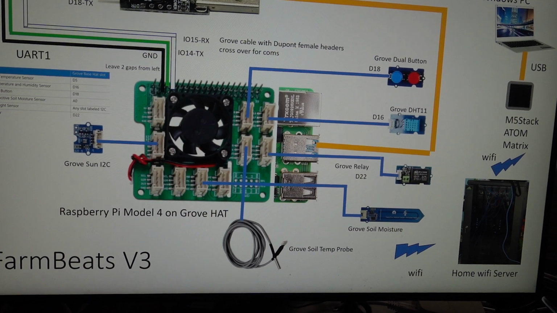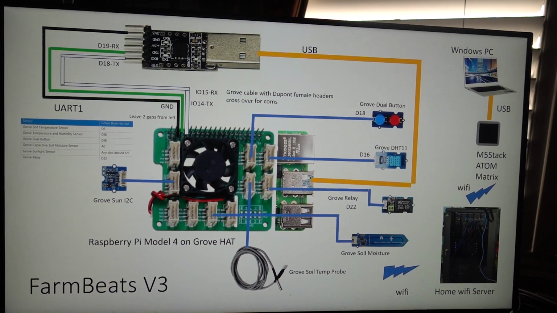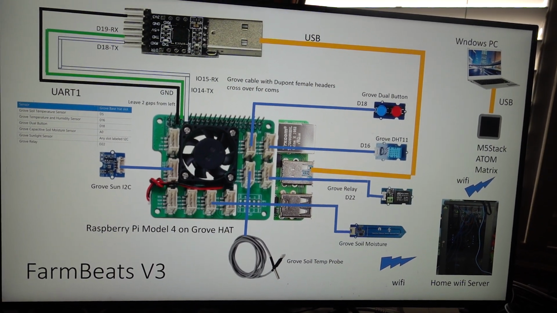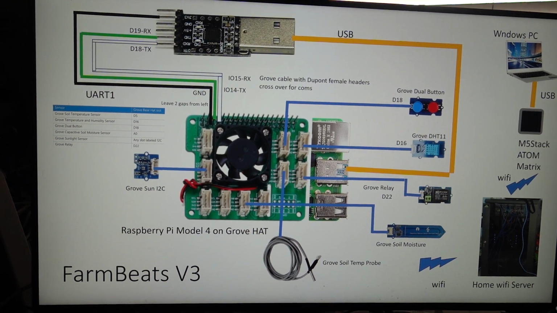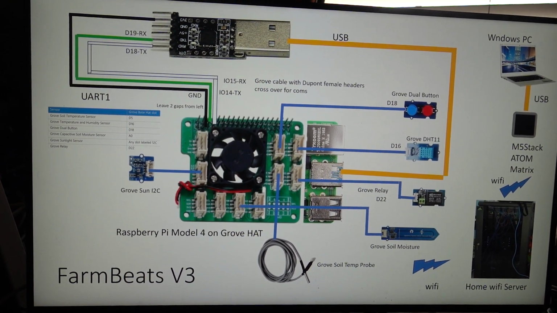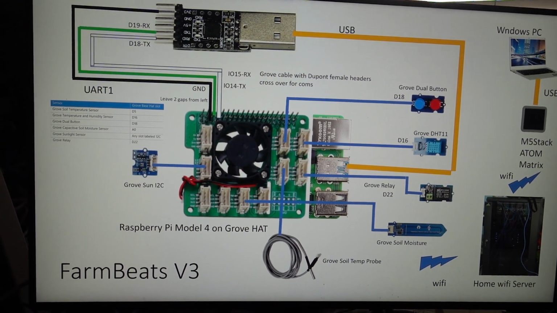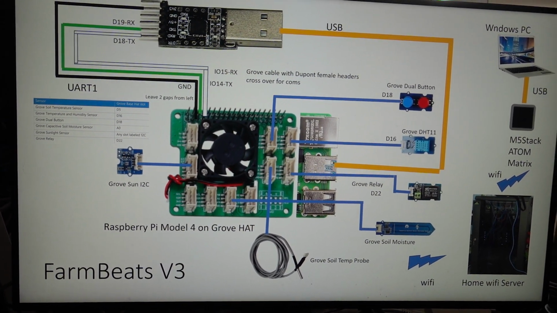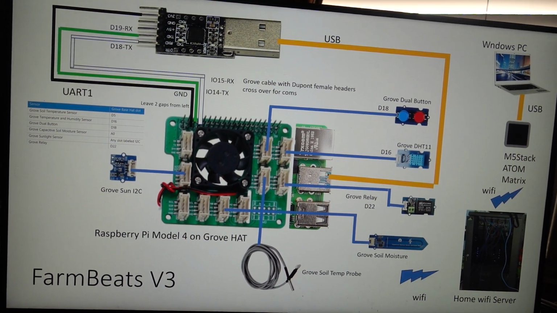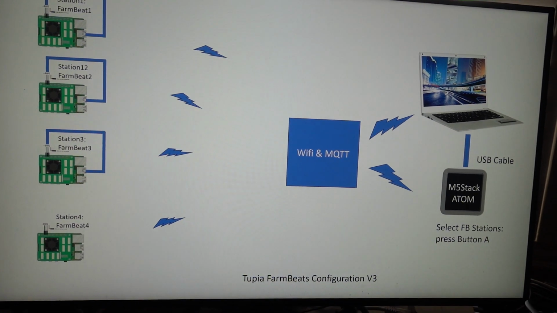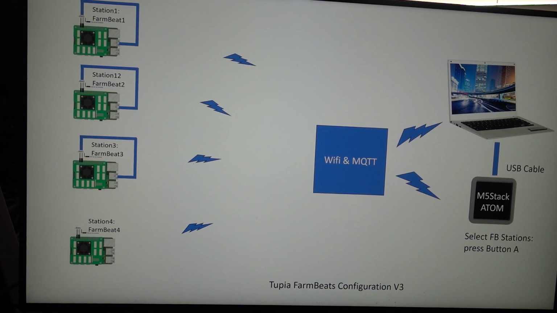Now, adding to that previous one, this is the full architecture here, where you can see what's happened to the TTL to USB cable. So there's a TTL on the left and it's USB on the right, and you can see the various sensors and actuators that are there. Now I've added other FarmBeat stations.